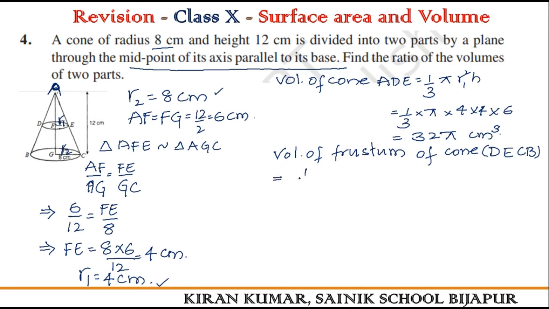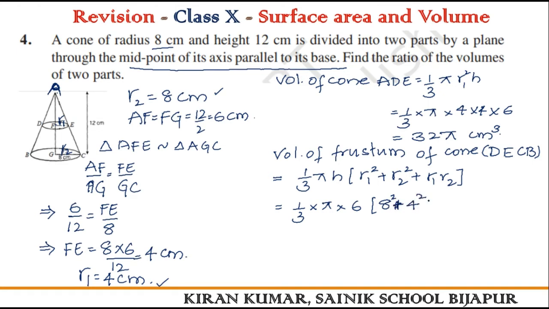For this, I need 1 by 3 pi h multiplied to r1 square plus r2 square plus r1 r2. So it is 1 by 3 multiplied to pi multiplied to the height, which is 6 here, into r1 square is 8 square, plus r2 square is 4 square, plus r1 into r2, 4 times 8.